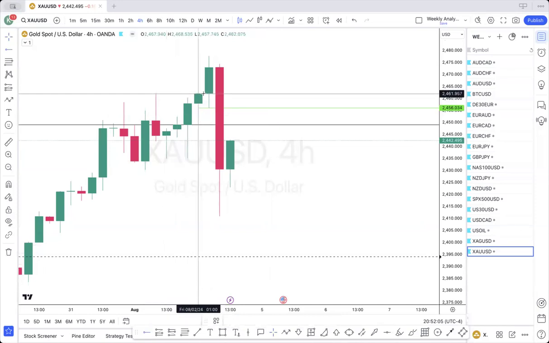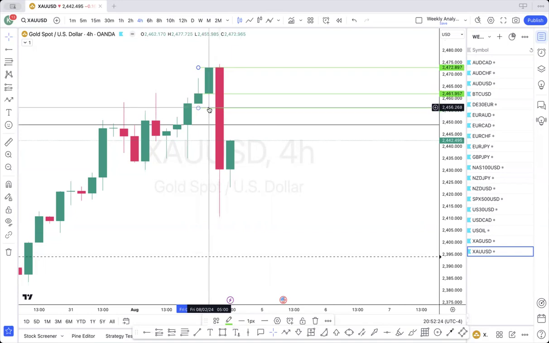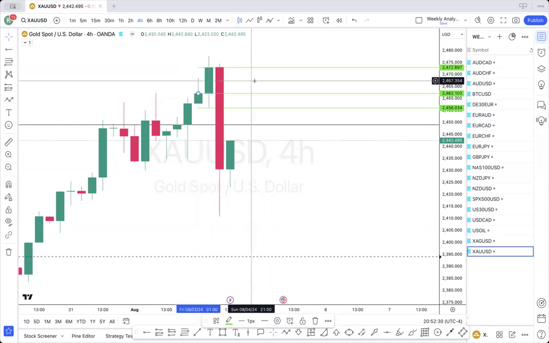I haven't done this in a while, but I always mark up the bottom of the order block, the body of the order block, and then you can mark up the top of the body or the close. So the open, the low, the open, and then the close of the body.